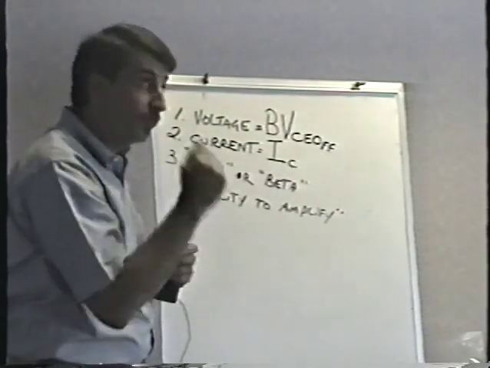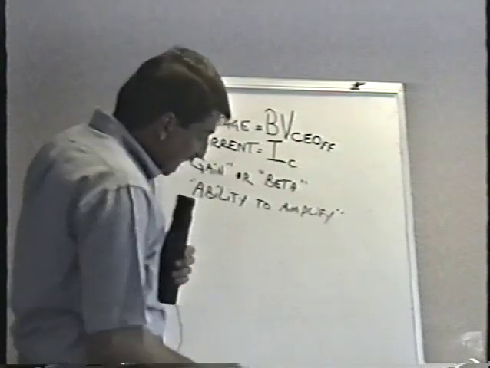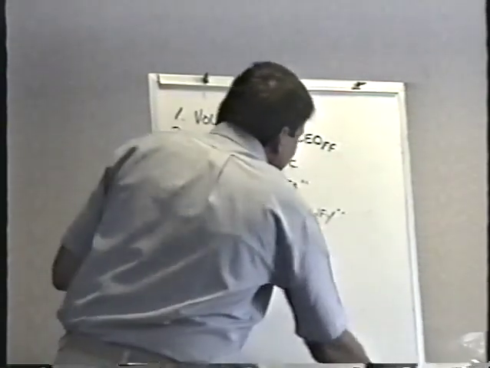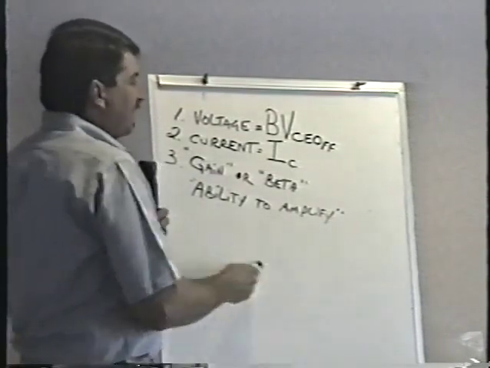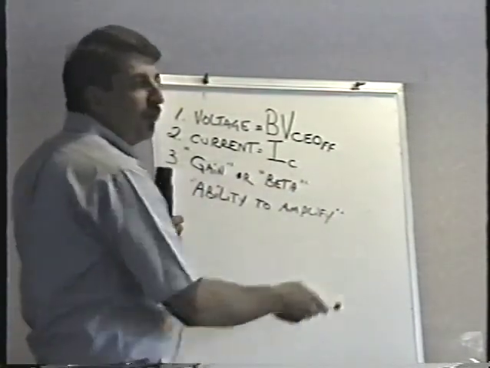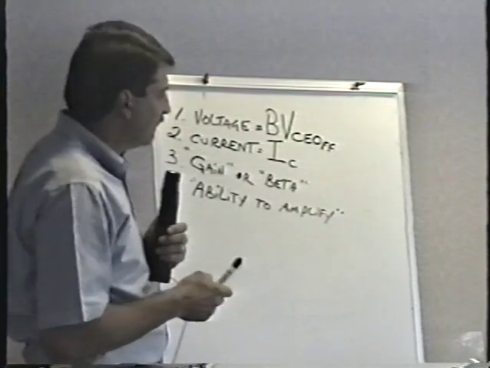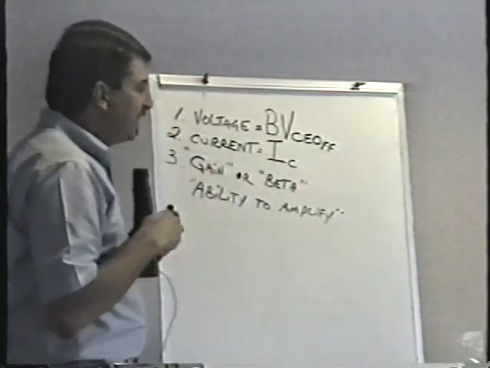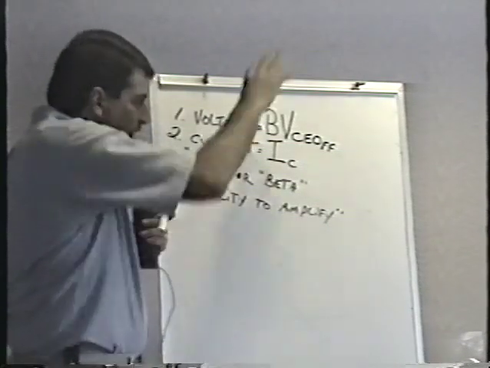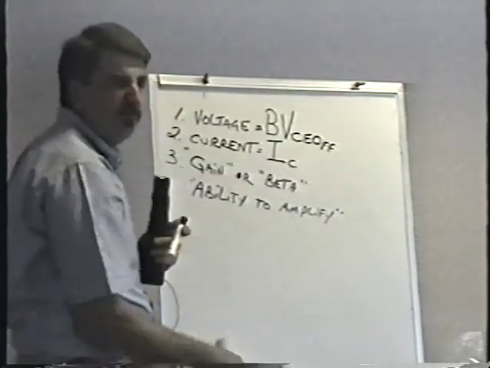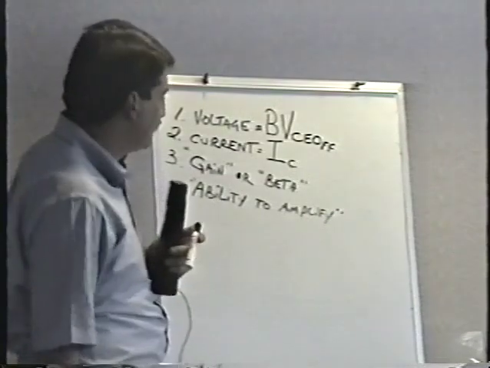Remember that from just a few minutes ago? Well, that's kind of what we're talking about, although not really. It really has to do with the amount of current, not voltage, but I'll tell you more about that later on. Anyway, gain is how itty-bitty of a change on the base will produce how big of a change on the collector, basically. How sensitive is the transistor?